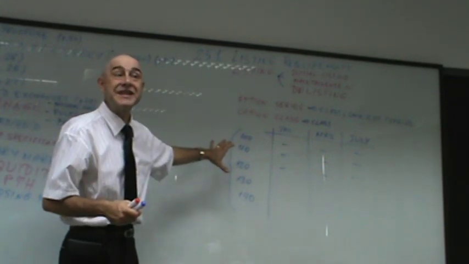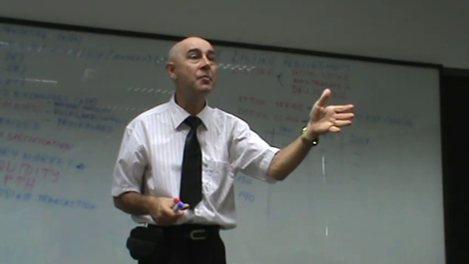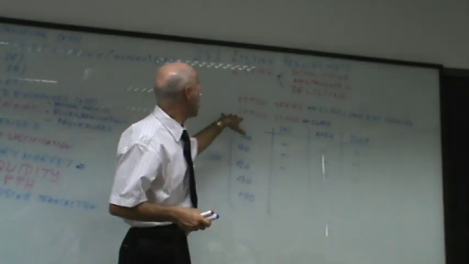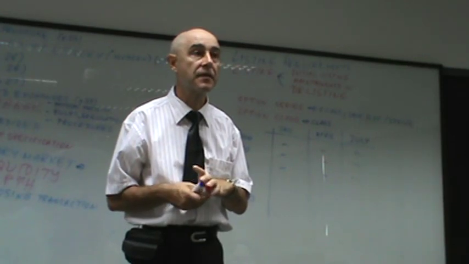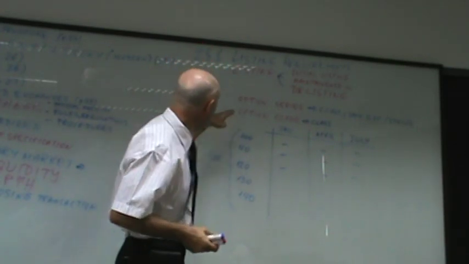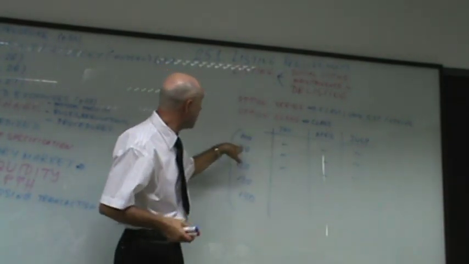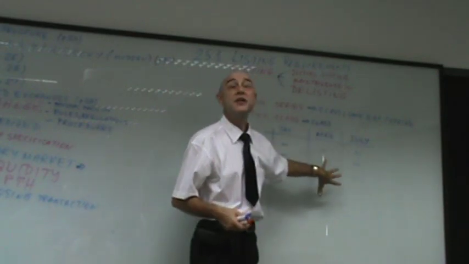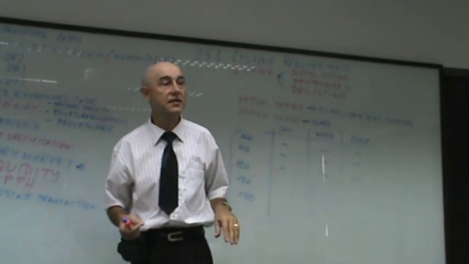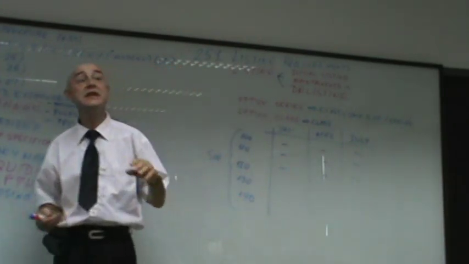Okay? So right now I'm giving you an example of how many options are in this option class. You got 15 options. 3 with this strike, 3 with this strike, 5 times 3, 15. Okay? Alright? So you got an option class and an option series.